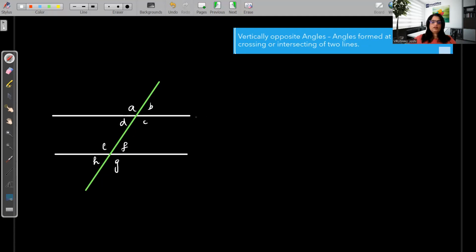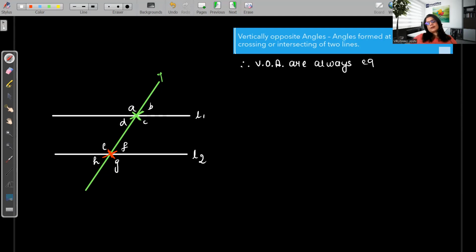So for example, if this is your line 1 and this is your line 2 and the green line is your transversal, if it's crossing, that means these two are vertically opposite angles. These two are vertically opposite angles, and E and G and F and H. Can you see this? So again, the property is that vertically opposite angles are always equal.